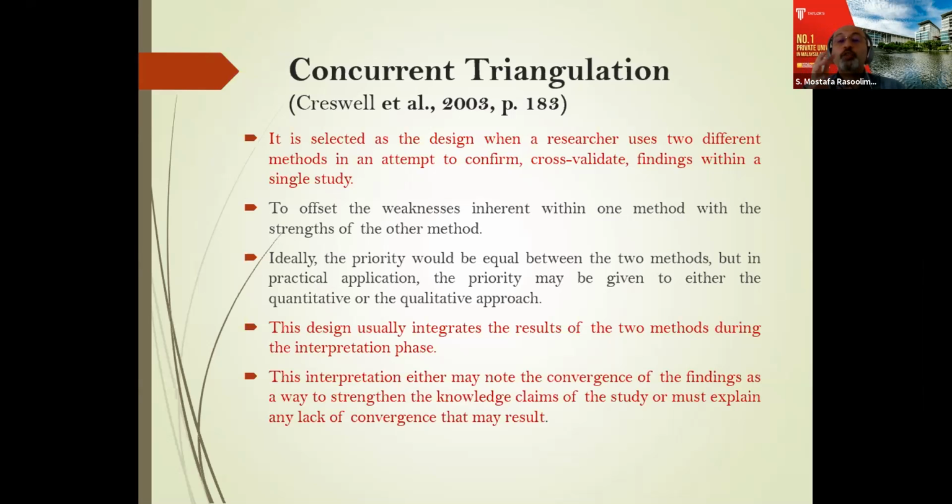But if you want to do complementary research, where the objective is to complete the perspective from qualitative and quantitative, and you have an existing scale, so you want to confirm that this scale is also working in the Malaysian context, this can be concurrent. And qualitative and quantitative can be conducted simultaneously, right? Okay.